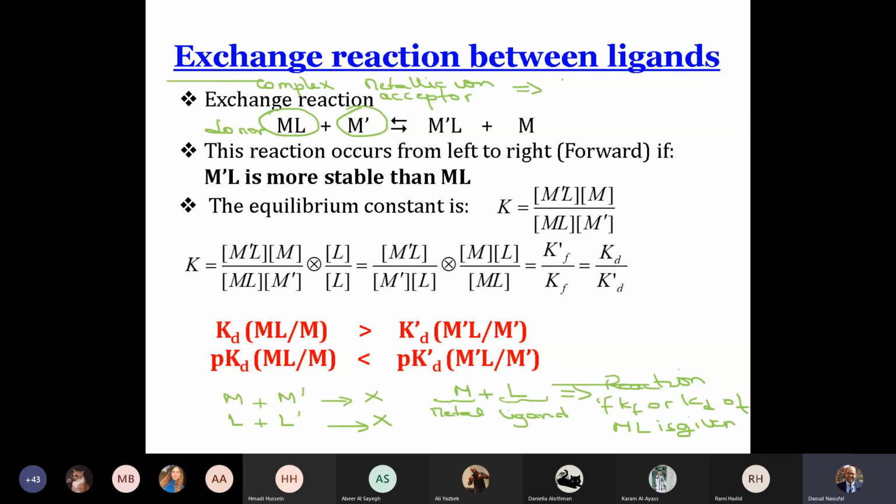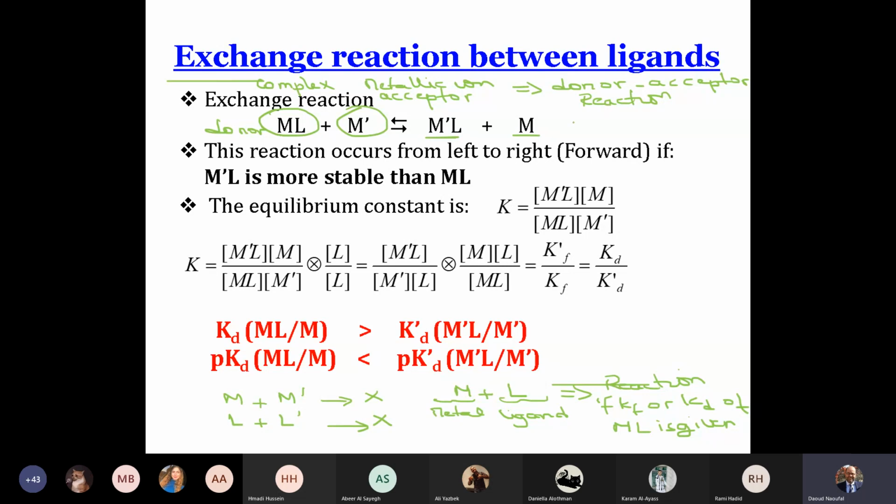So I can have a donor acceptor reaction to give M prime L plus M. So what happens in this reaction? The ML releases its ligand to M prime. So M prime captures the ligand from L to give M prime L. And when ML releases the ligand, ML becomes M.